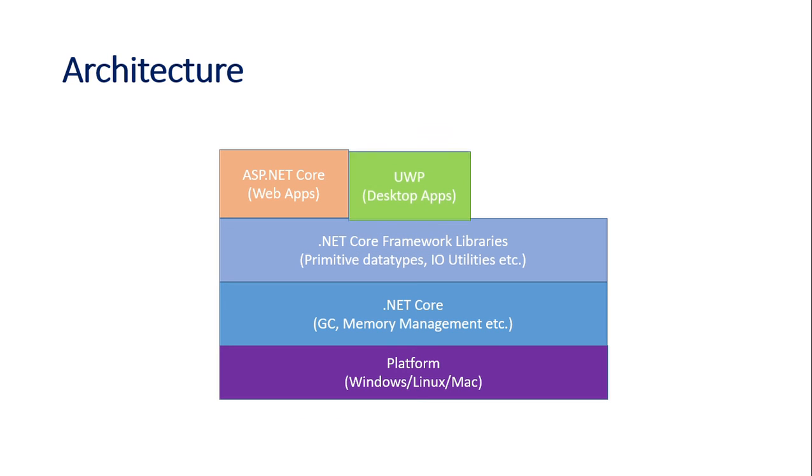If you want to develop a desktop application, you go for the UWP framework, which is Universal Windows Platform. If you want to build some IoT applications, you go for the Tizen framework. So here you can see the architecture or the high level components of .NET Core.